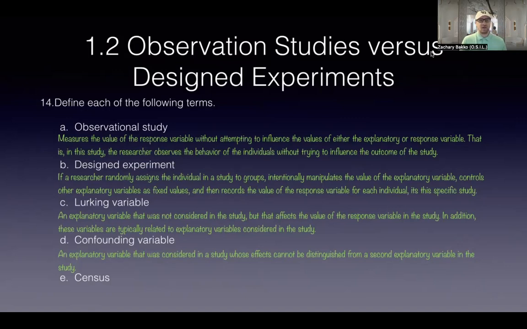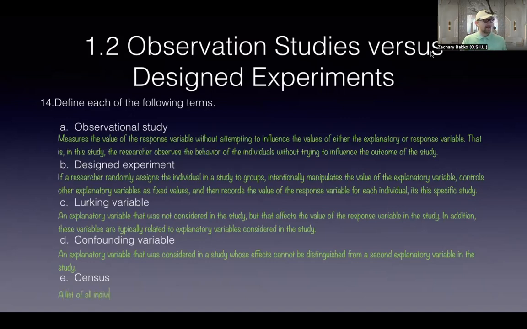Well, the confounding variables would be sharks and barracudas because maybe the victim didn't see what animal attacked them, okay? They said it was just a large fish with sharp teeth, right? Well, how do I determine what's a shark attack and a barracuda attack without further evidence to look into, okay? So that could be a confounding variable. So the main difference is lurking variable, you didn't account for it in your study. Confounding variable, you did account for it in your study. The same thing that goes along with those is you can't distinguish one from the other.